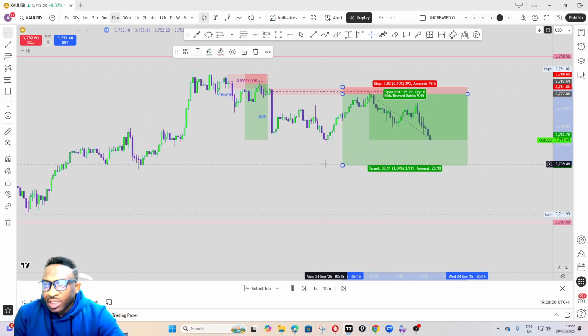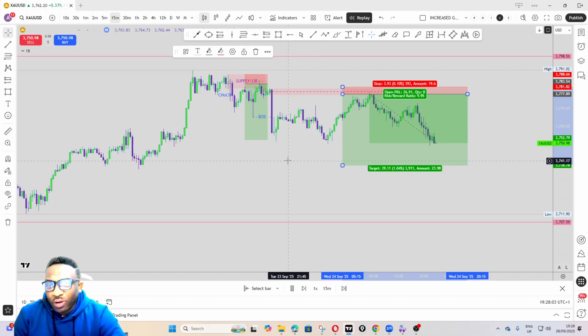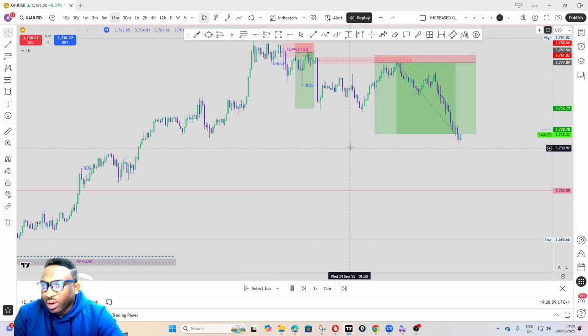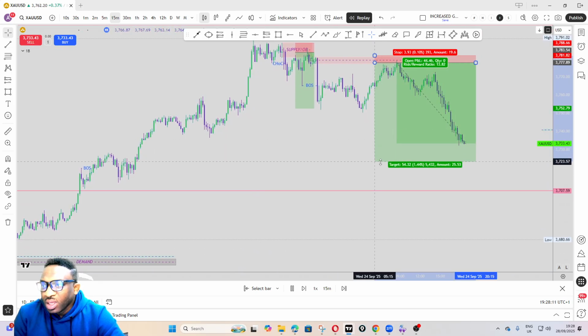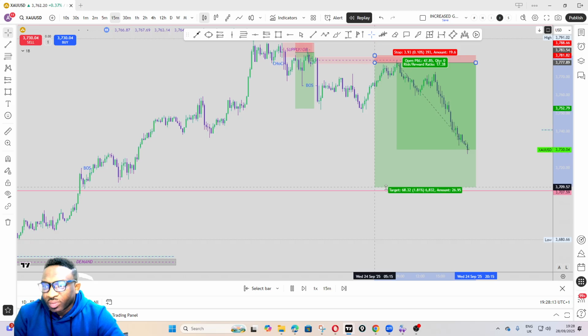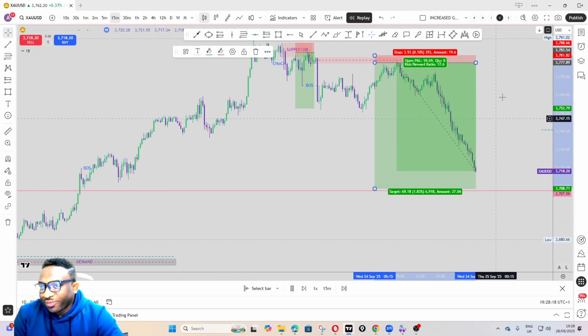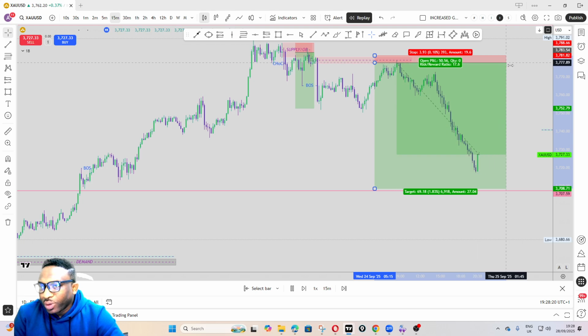As I said earlier on, this could be the beginning of a downtrend, as we were in an uptrend before, so we're looking for a reversal.